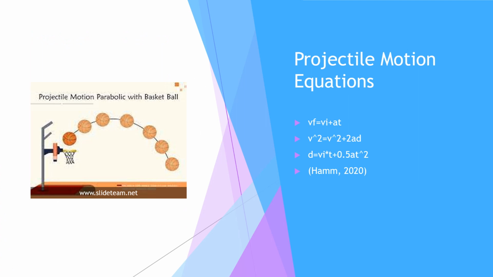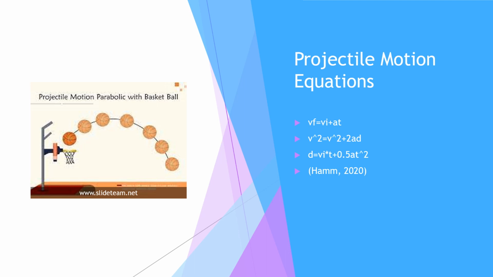Projectile motion equations. The equations that are most commonly used when talking about projectile motions are: the final velocity equals initial velocity plus acceleration times the time of flight.